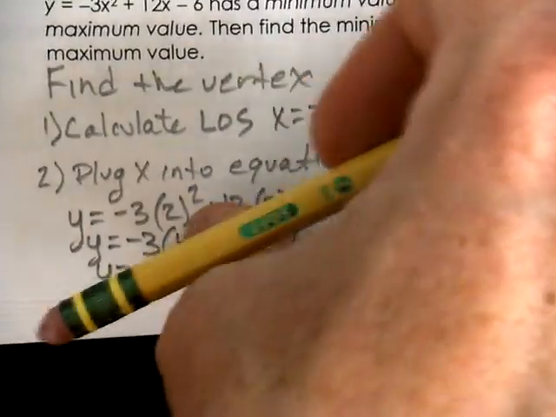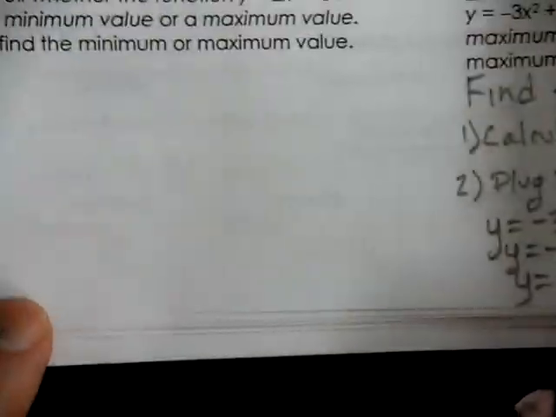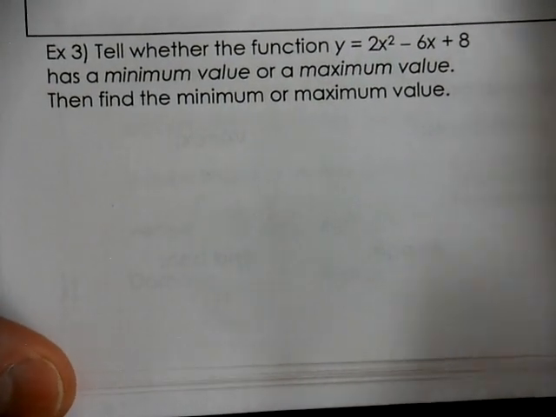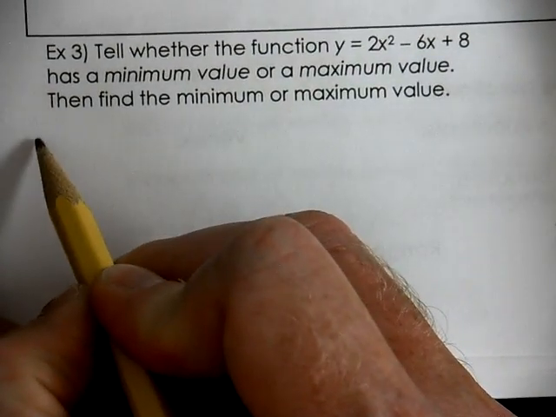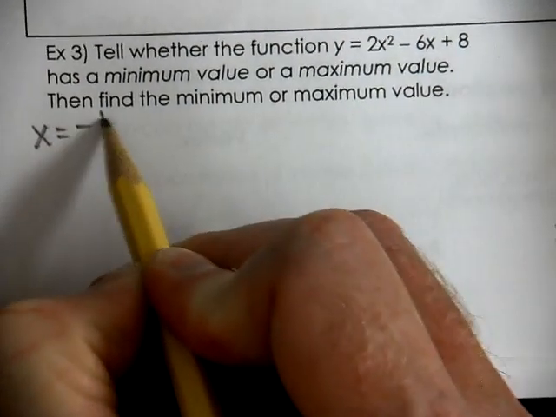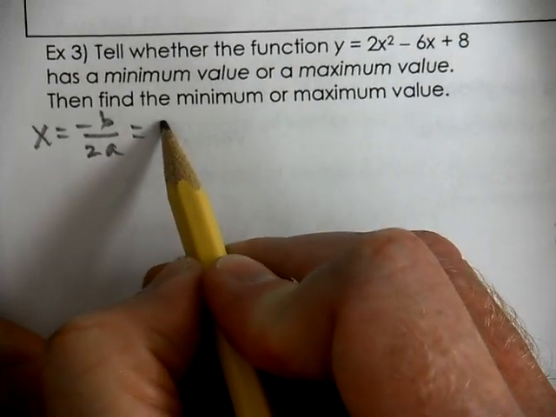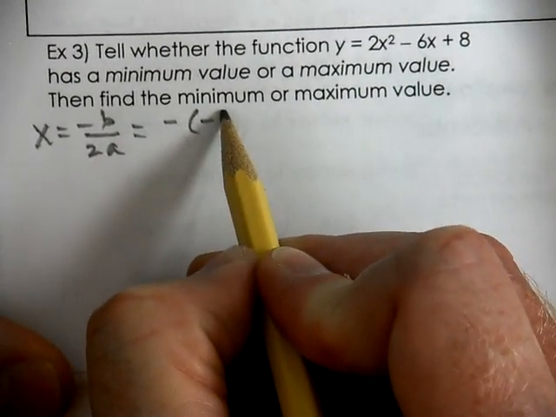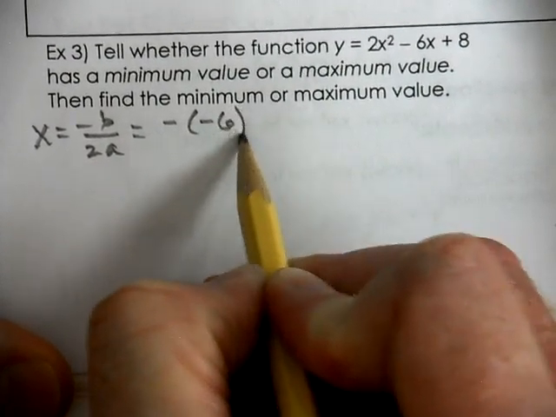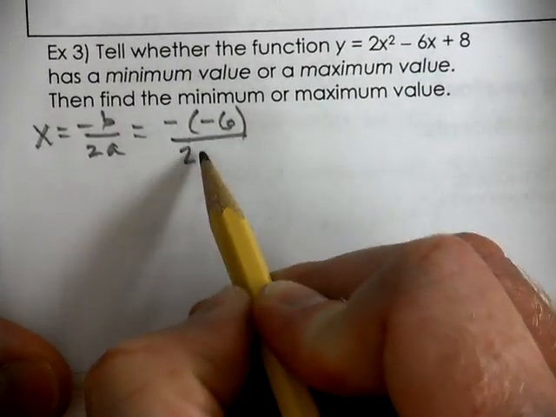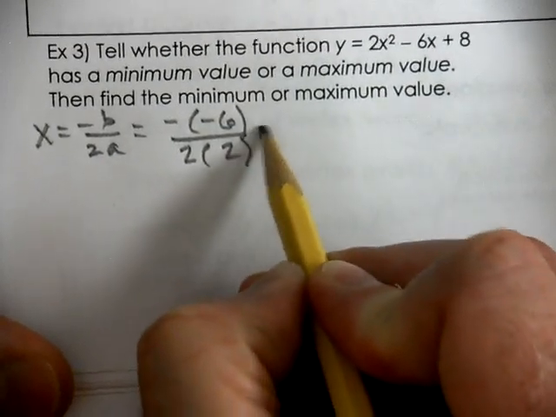This one is a little trickier. We do it the same way. We're going to use negative b over 2a. So we're going to do the opposite of b, the opposite of negative 6, over 2 times 2.